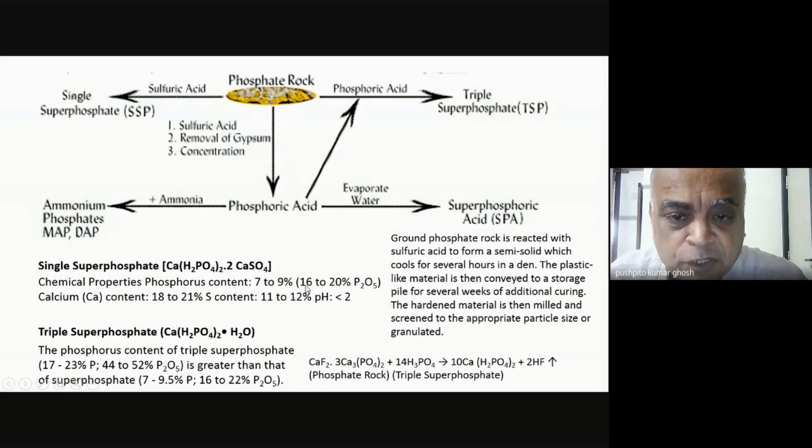It has about 16% of P2O5. Typically, that's the amount that you get, and it has got some calcium and sulfate. Sulfur is also, of course, considered an important nutrient, and that sulfur is coming from sulfuric acid. So remember, when we were learning about sulfuric acid, we also said about 80% of sulfuric acid goes into the manufacture of fertilizer.